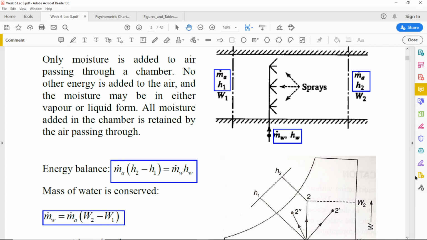Similarly, if we look at the conservation of water in the air stream, remember the mass flow rate of water vapor is equal to the mass flow rate of dry air times the humidity ratio.